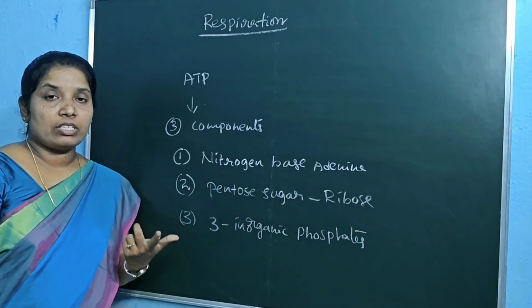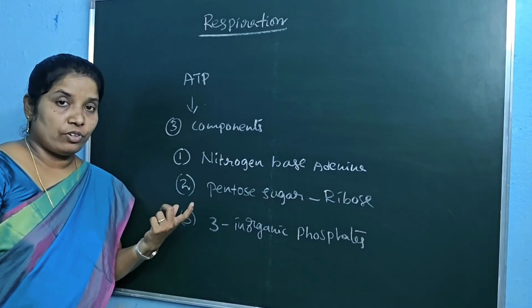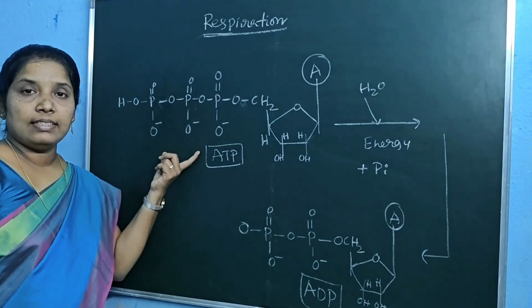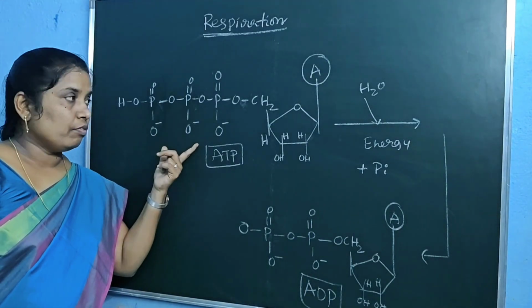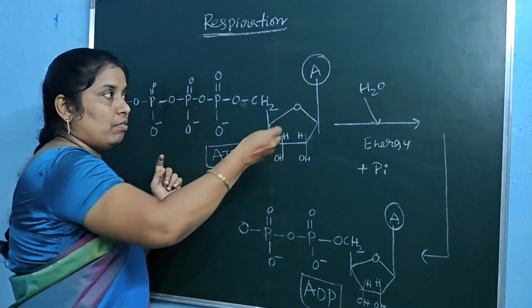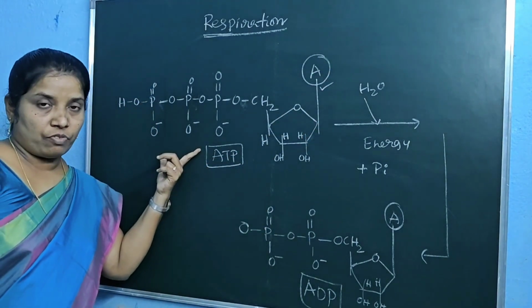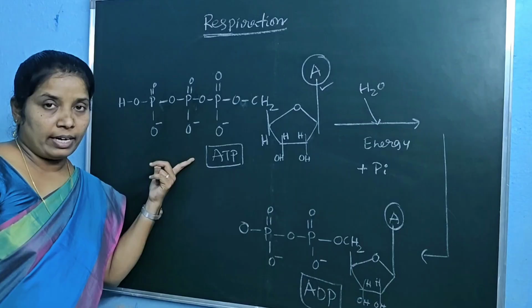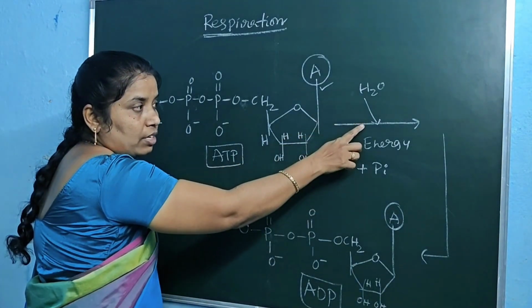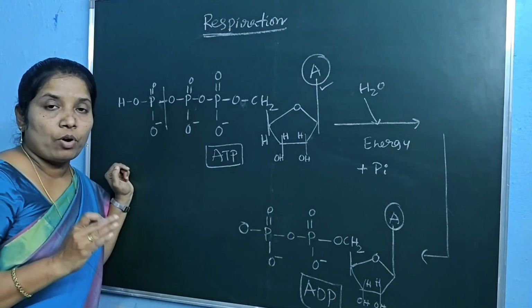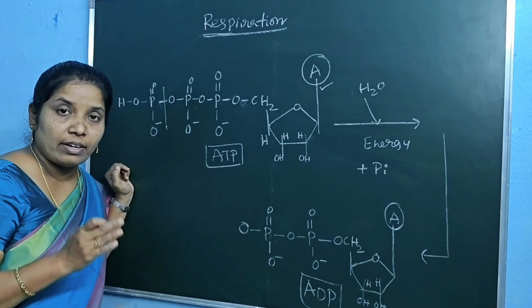Let's see the detailed structure of ATP and how it gives energy by hydrolysis. So this is the structure of ATP, students. ATP has one ribose sugar, one nitrogen base and three inorganic phosphates, which makes it a nucleotide. When it undergoes hydrolysis, the bond present at the third inorganic phosphate is broken down.